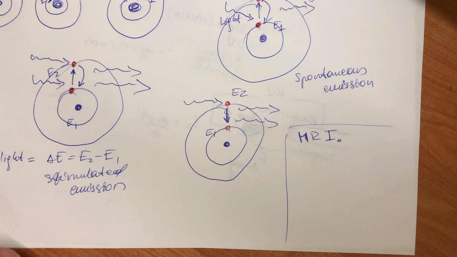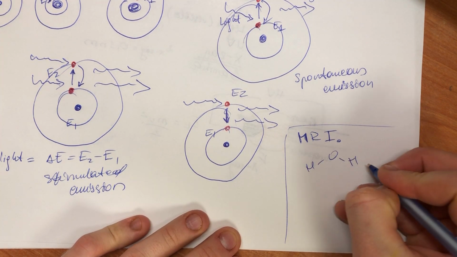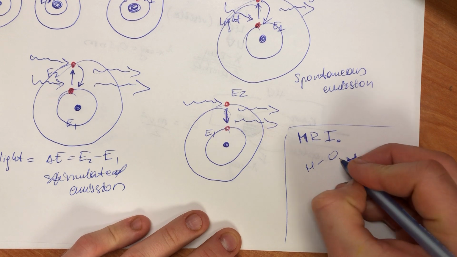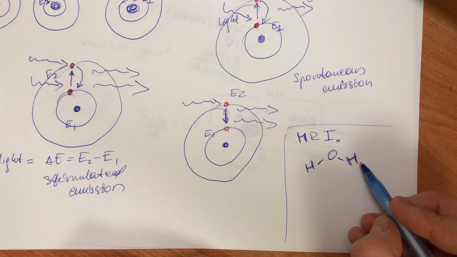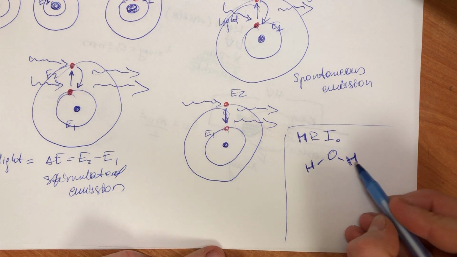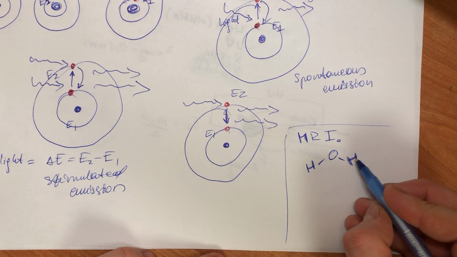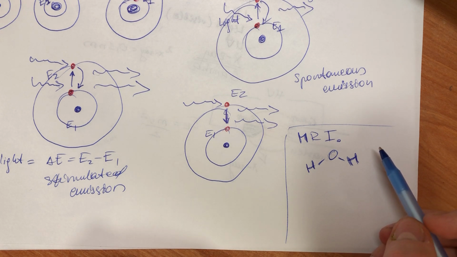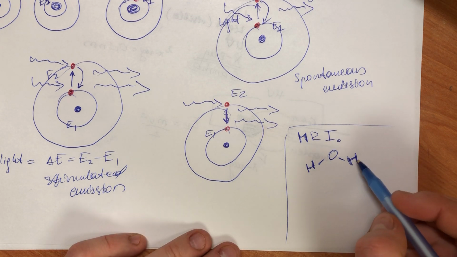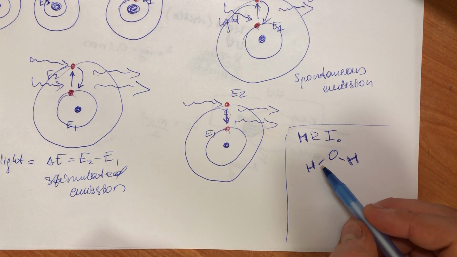I just want to tell you that we have a lot of water molecules in all our body, and the water molecules have these two hydrogens. Each of these hydrogens has magnetic properties.